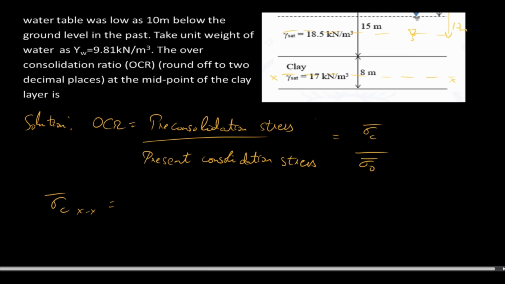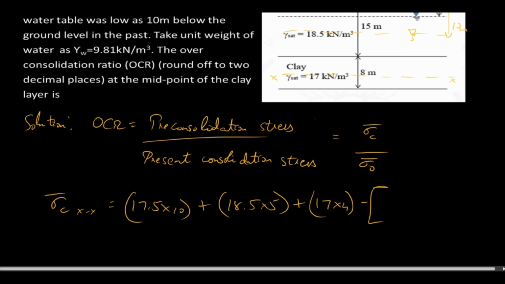So we need to calculate total stress of sand, this 17.5 into 10, plus total stress of sand below water table, that is 18.5 into 5 plus 17 into 4, minus the pore water pressure, which will be equal to 9.81 into 5 plus 9.81 into 4.